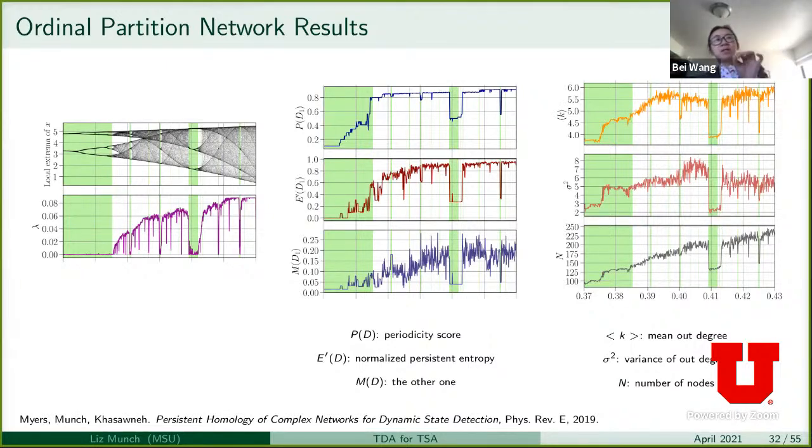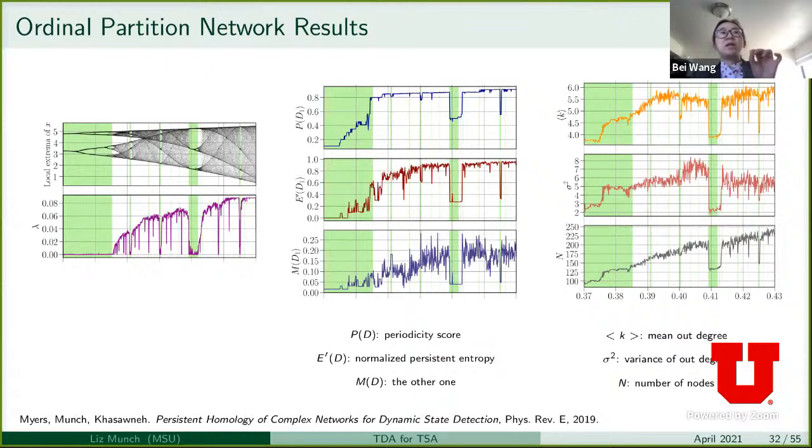So in some sense, what you're comparing is that perhaps it doesn't really matter how I'm converting the information from the persistence diagram. For example, in the middle, E prime is really related to persistence, where P and M are other heuristics, right?